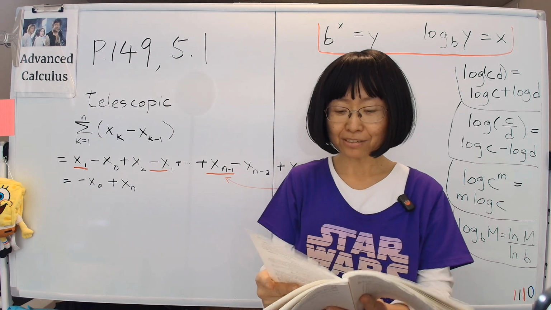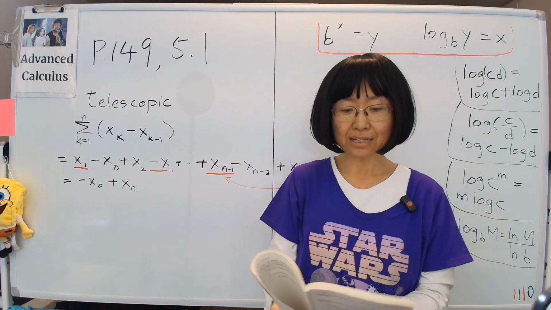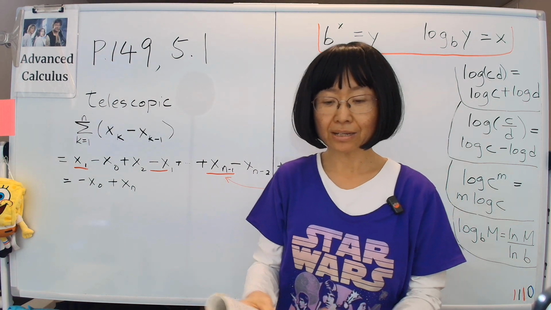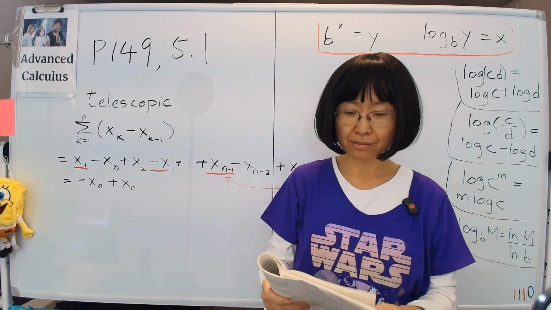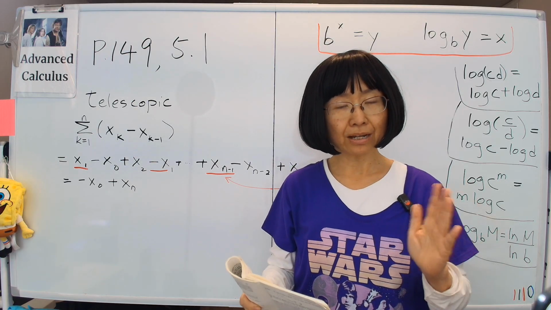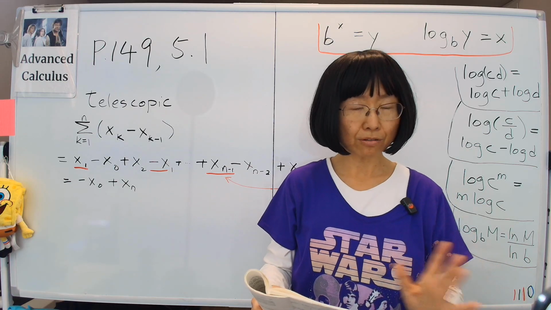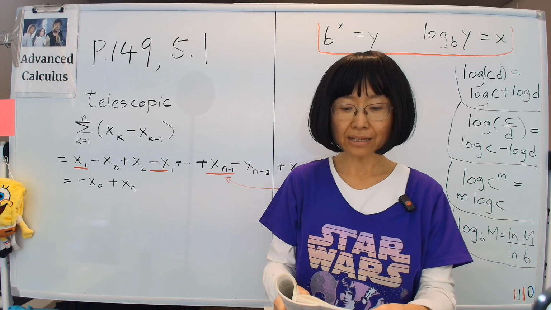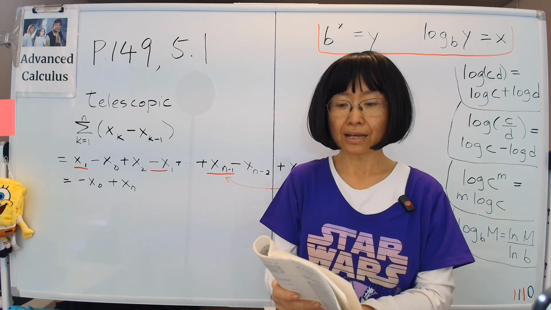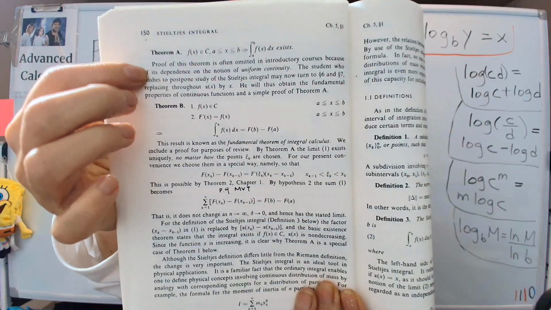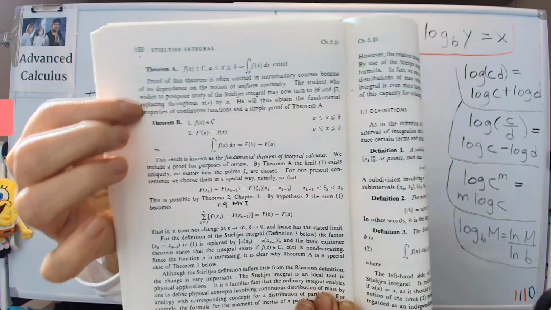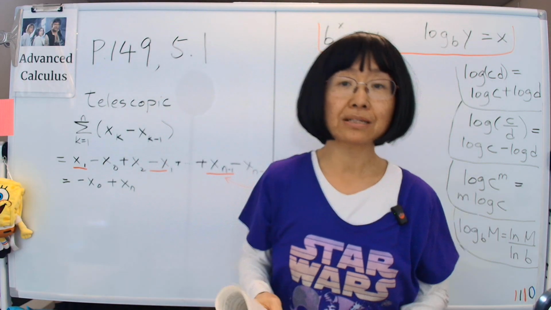So let's go to the next page and look at theorem A: if f is continuous on a closed interval, x from a to b inclusive of both endpoints, then the integral of f of x dx exists. Please read the next short paragraph yourself, where you make certain comments.